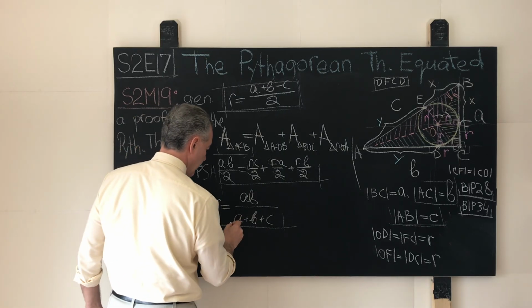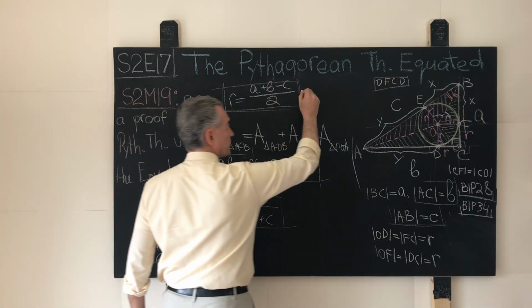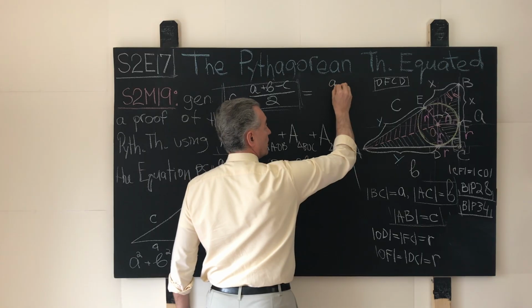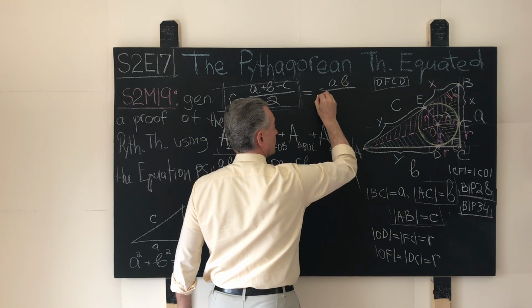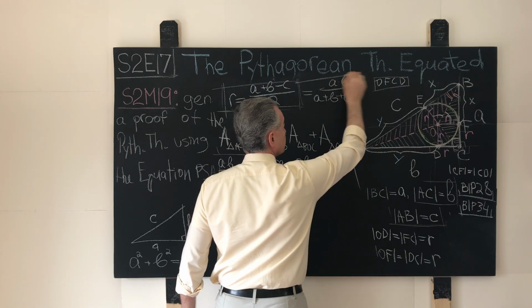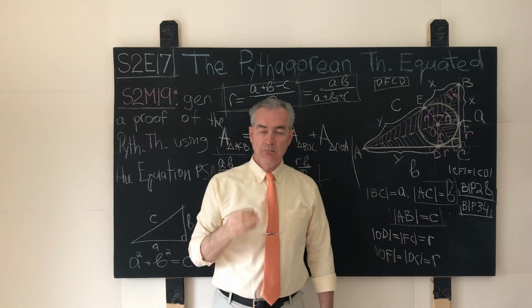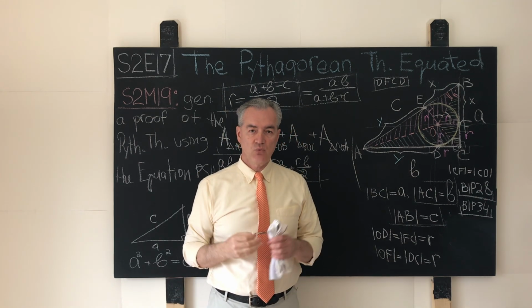Thus, we equate the right-hand side of this relation with the right-hand side of this relation as follows. A times B over A plus B plus C. And in the next segment, we will do a little bit of middle school arithmetic, and we will see where that takes us.